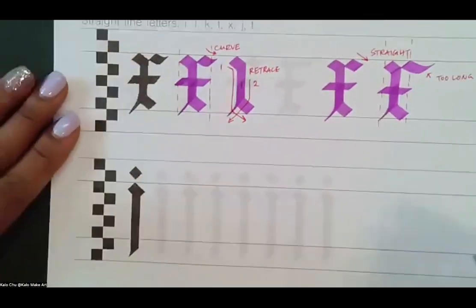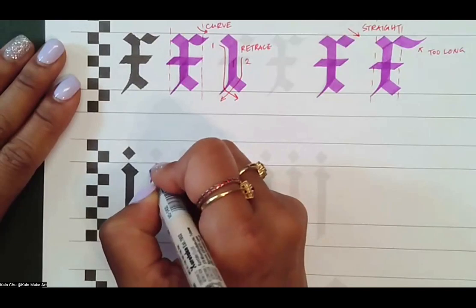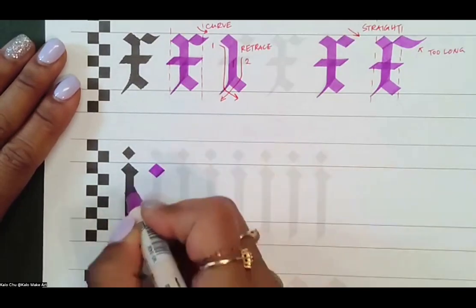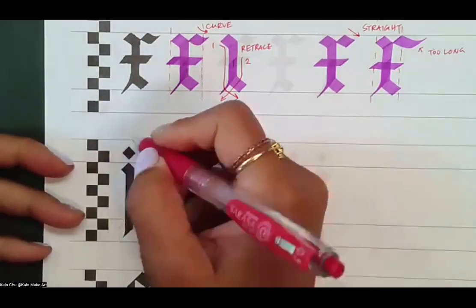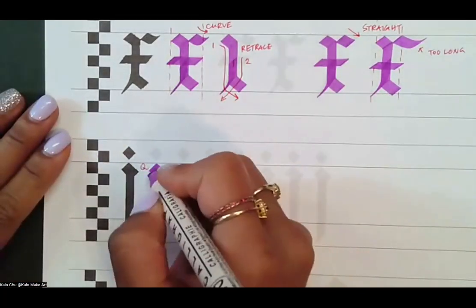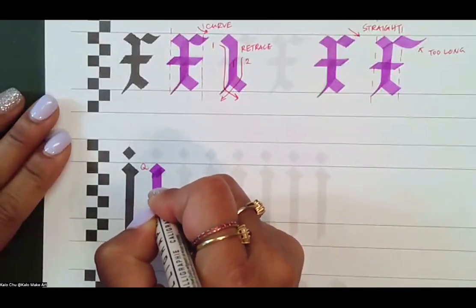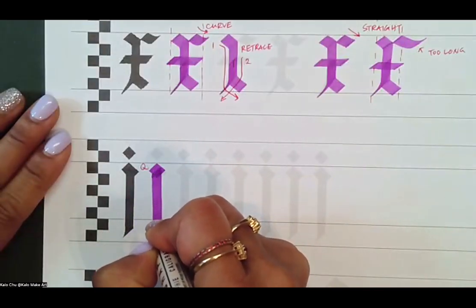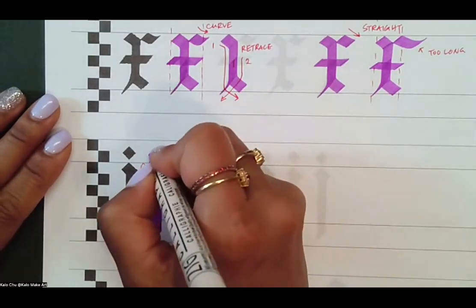Now we do the letter J. Again, I'll show you different variations. The first one we'll just do, it looks quite long, but it should be the quadrant. So we make a note here, a quadrant. So a diamond square, you come down into a straight line, just like that, and a diamond.